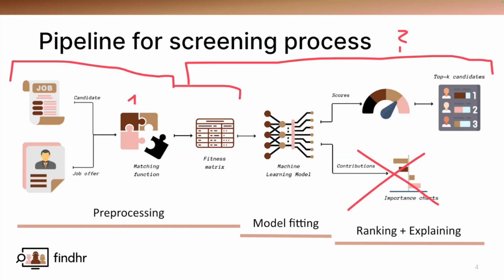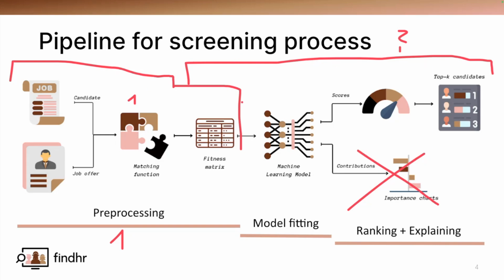That was realizing preprocessing. Here it is already clarified. The preprocessing was realizing the fitness matrix starting from separate files already preprocessed to have agreement between the description of competencies, skills, knowledge for the candidates and for the job offers.